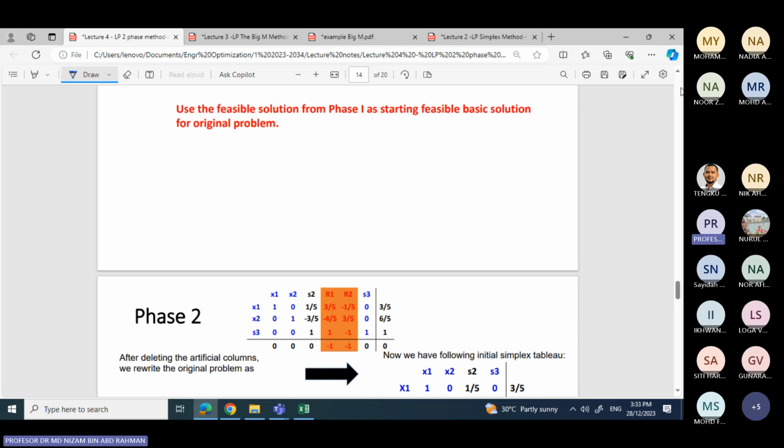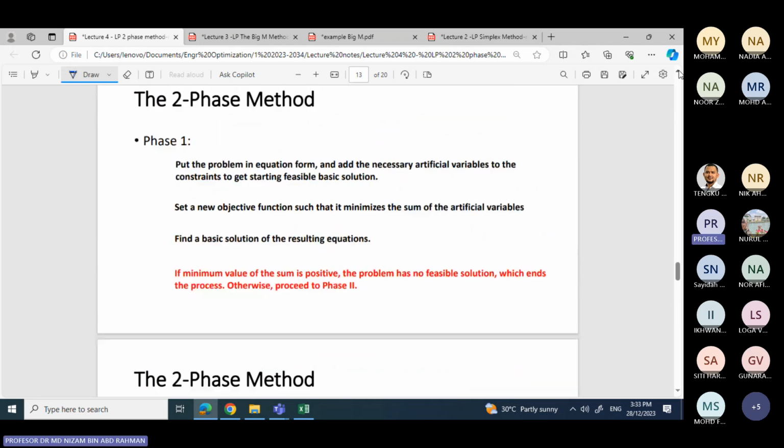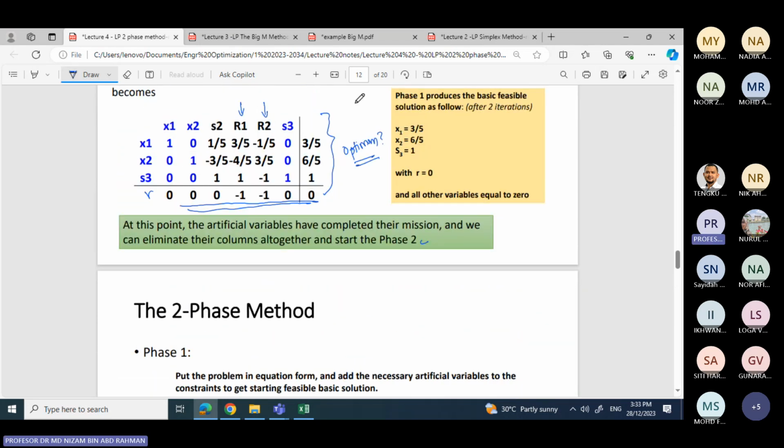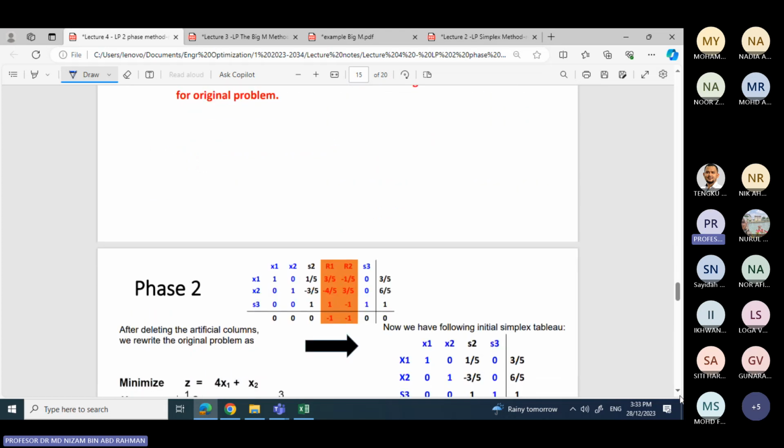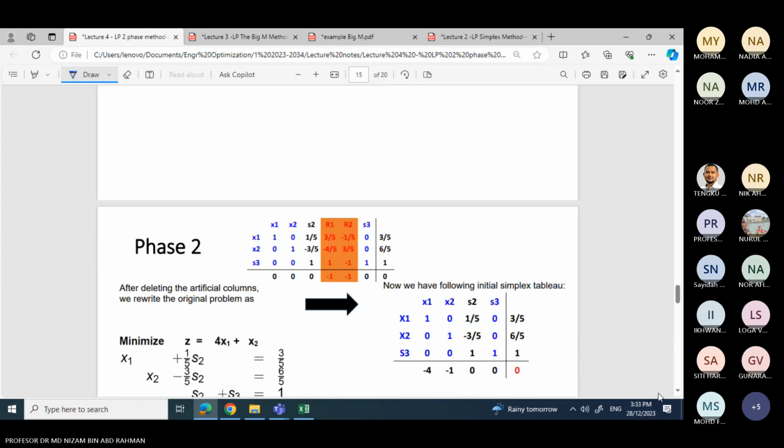At the end of the simplex iteration process here, this is the solution that we got. So we copy this particular result for phase two.